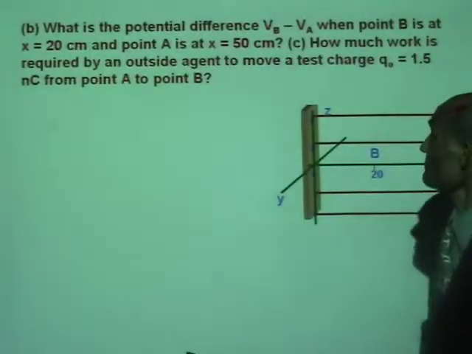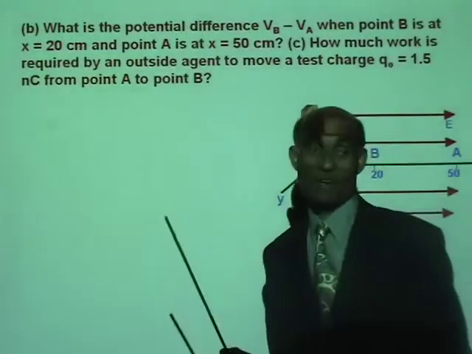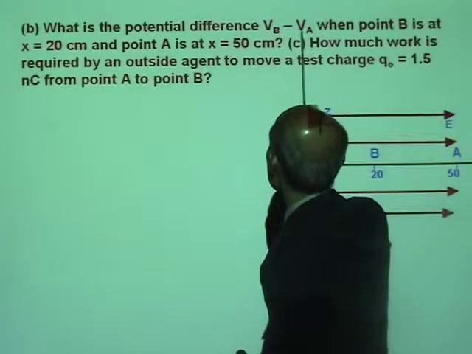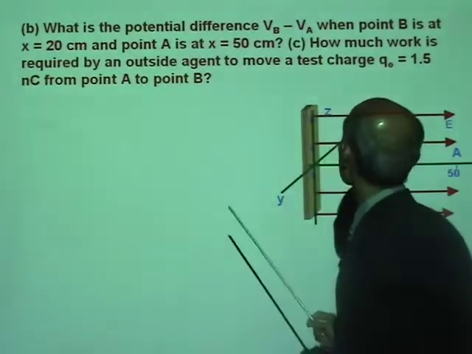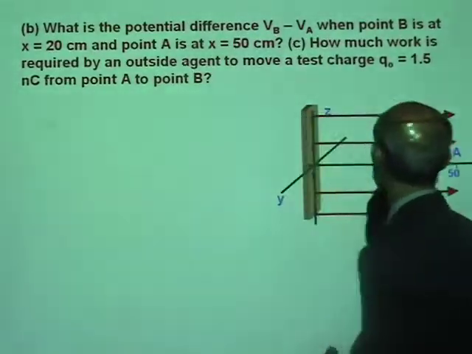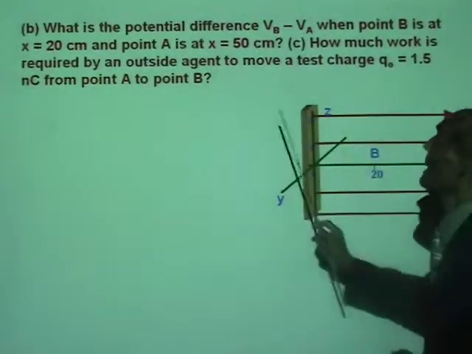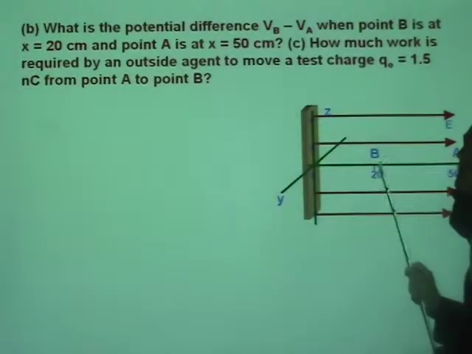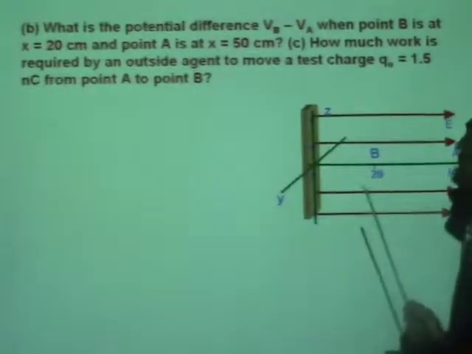Alright, the second part of the problem. What is the potential difference VB minus VA when the point B is at a distance x equal to 20 meter and point A is at x equal to 50 meter? What is the value of VB minus VA?